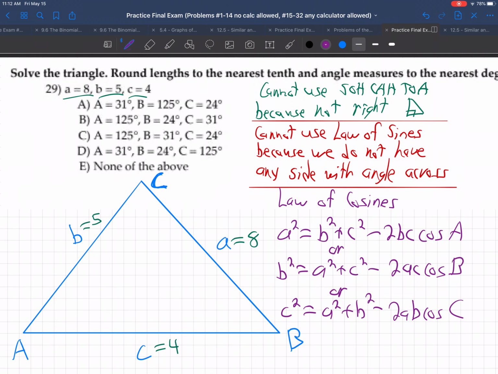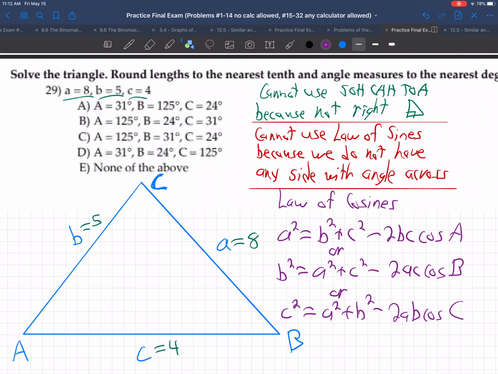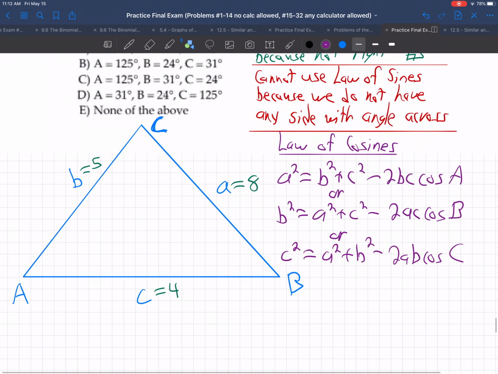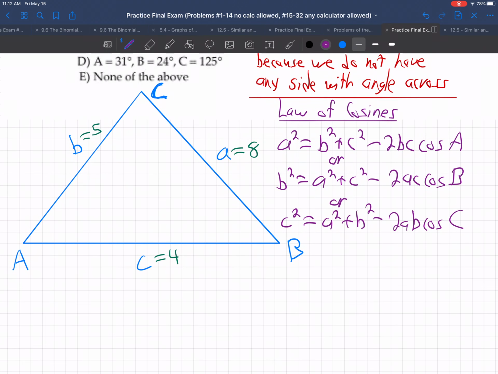How do you know which version of the law of cosines we should use? That's really important that you catch this and have this in your notes. You start with the biggest side on the left.